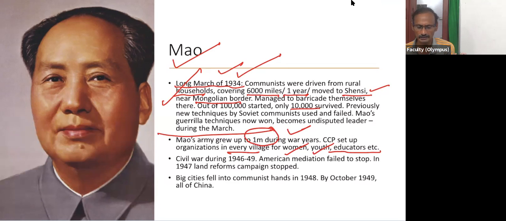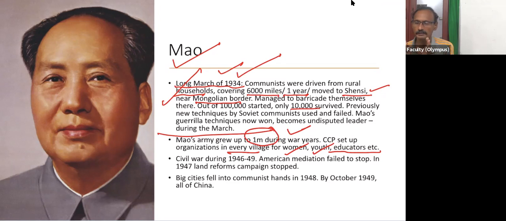Essentially Chiang thought that Japan would leave one day, but communists were the main threat. He told a journalist that Japan was a disease of the skin, whereas communism was a disease of the heart. So those were the priorities of Chiang's nationalist government.